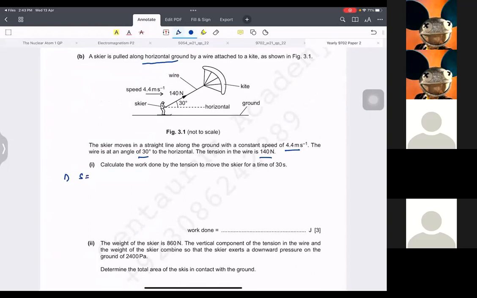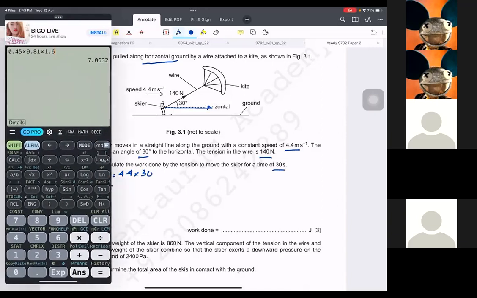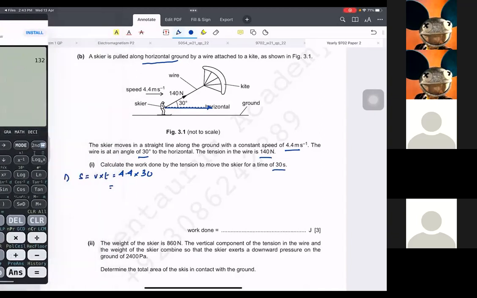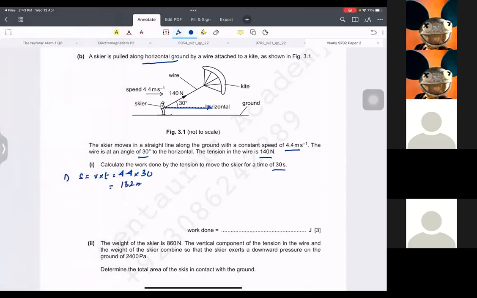So displacement is velocity times time. The velocity is 4.4. And we're talking about horizontal displacement, like how much it goes here, right? Time is 30 seconds, right? So 4.4 times 30 is 132. So 132 meters it travels.